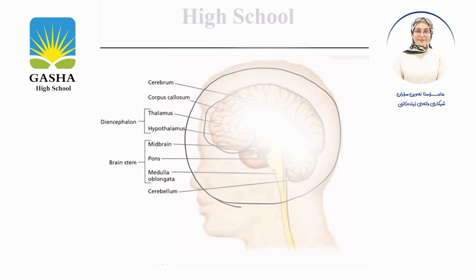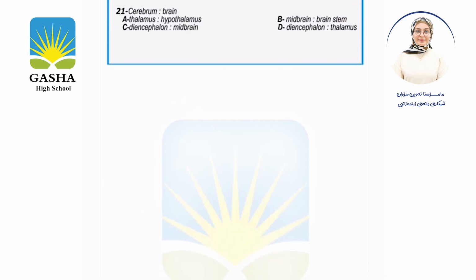Again, diencephalon is the bigger part and thalamus is a part of diencephalon, so it's reversed. If they had said thalamus and diencephalon, it would be true, but they said diencephalon and thalamus, so this time it's false. So the true answer for 21 is B.